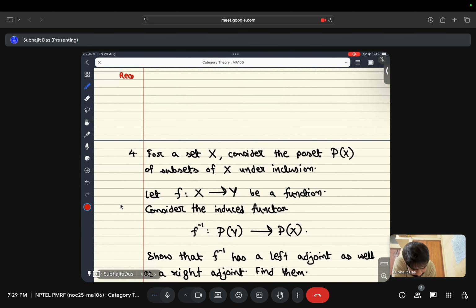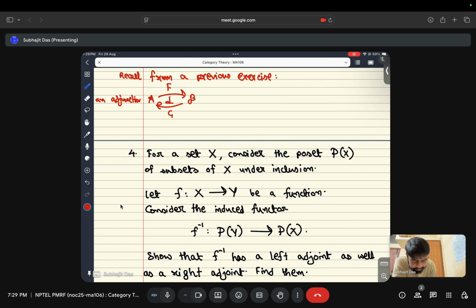Recall from a previous exercise, which is this, that if you have an adjunction between A and B, with F being the left adjoint and G being the right adjoint, it induces an adjunction between A op and B op.